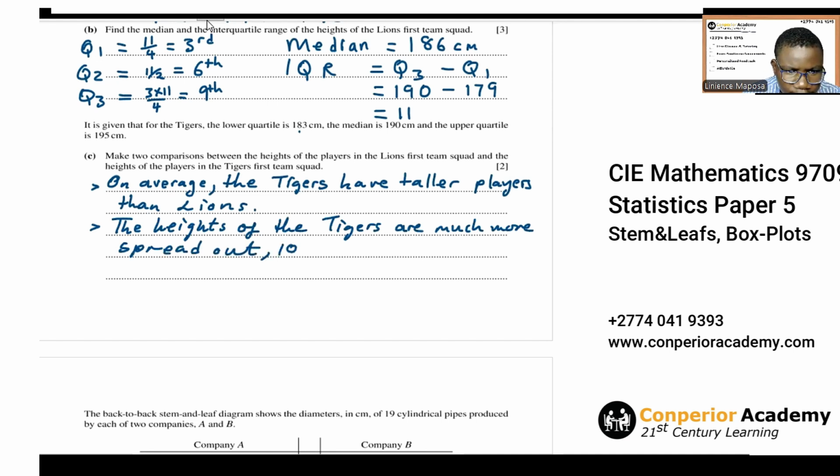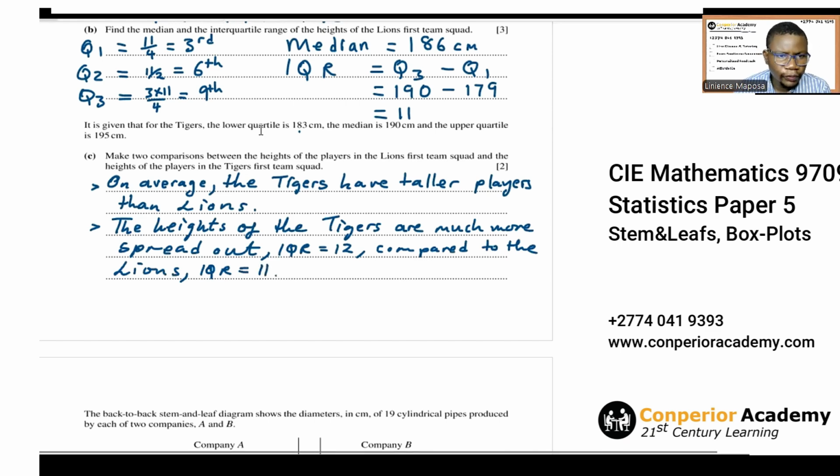Then you say IQR equal to 12 compared to the lions. Then you can say IQR equal to 11. We just calculated it. Okay, then we move on to the next question.